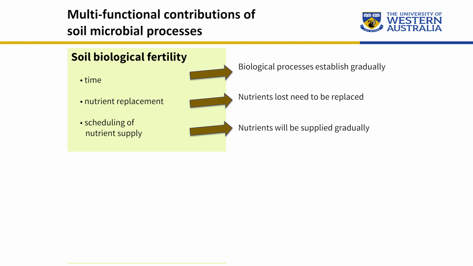It's not all front-end loaded, it's happening through the plant life. It might come quickly at the beginning, but there's going to be a continual supply. So biological processes establish gradually, nutrients lost need to be replaced, and there's a more gradual supply. It can still be a flush of supply of nutrients, but it can be more gradual.